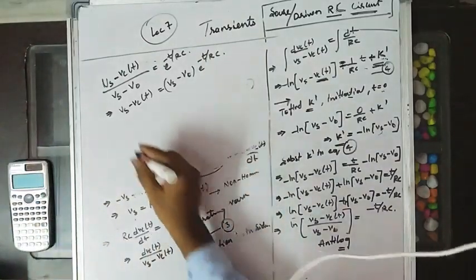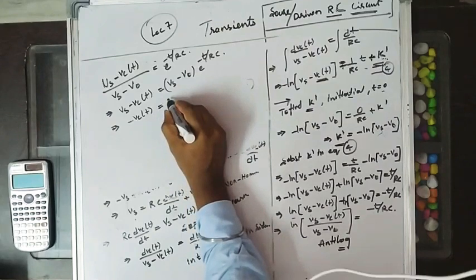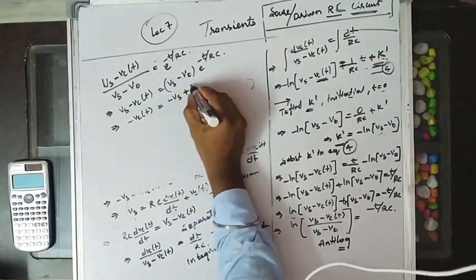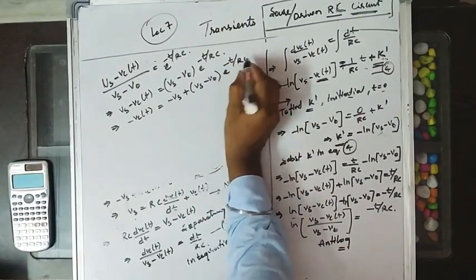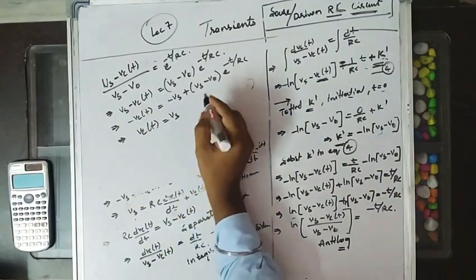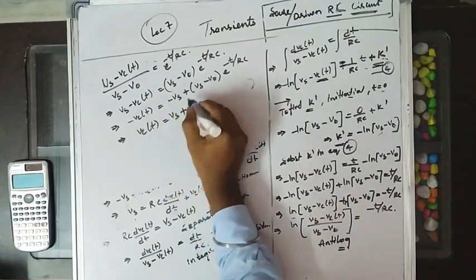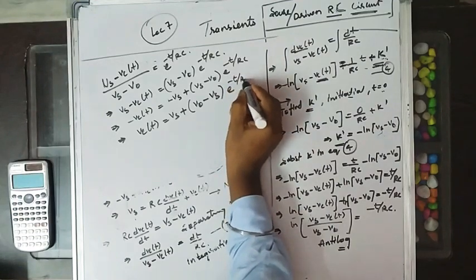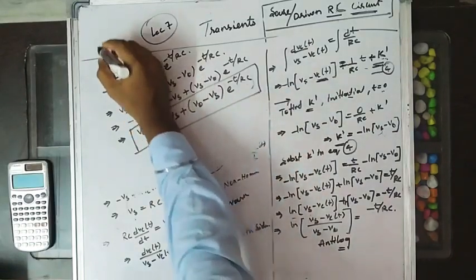Now take this Vc of t to that side, then it becomes Vc of t equal to Vs plus, interchanging this value, (V0 minus Vs) into e power minus t by RC. So this is the expression for voltage across the capacitor.